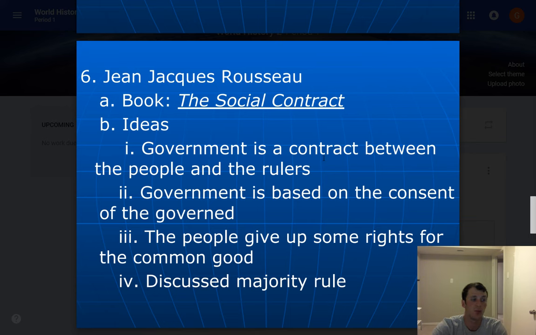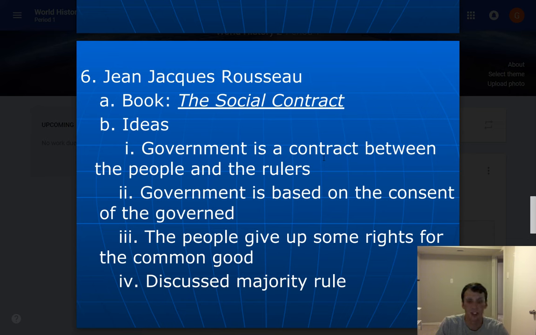So moving on to Jean-Jacques Rousseau, who talks and writes about what he calls the social contract. And the social contract is an interesting one, right? He feels that government is a contract between the people and the rulers, right?